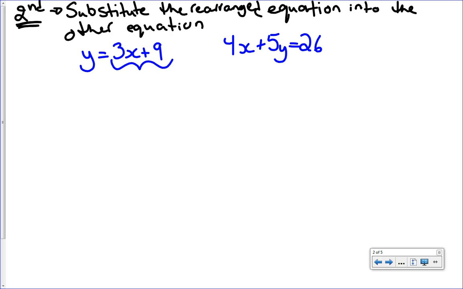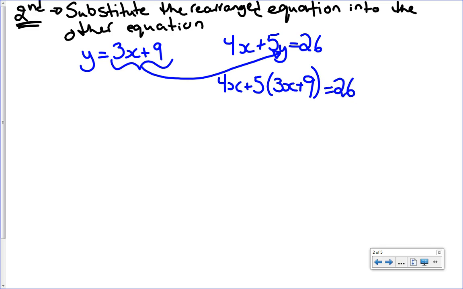So wherever there's a y, I'm going to put 3x plus 9. So that whole expression is going to substitute in for y. So what that looks like is 4x plus 5 times that entire expression, 3x plus 9, equals 26.